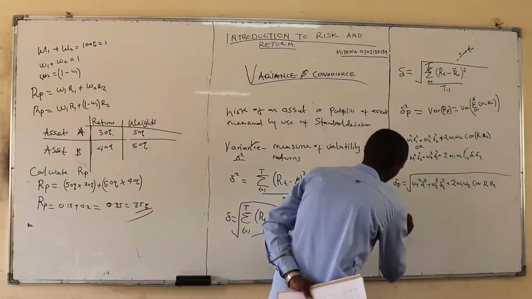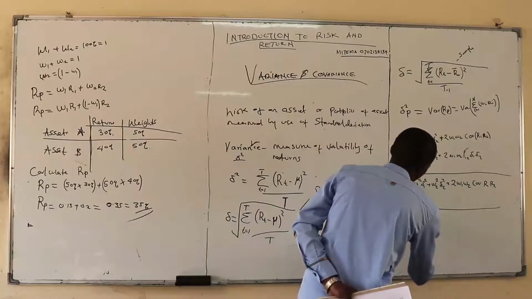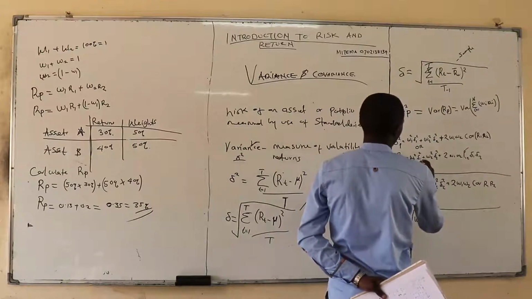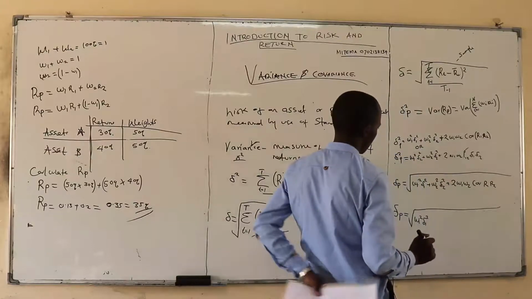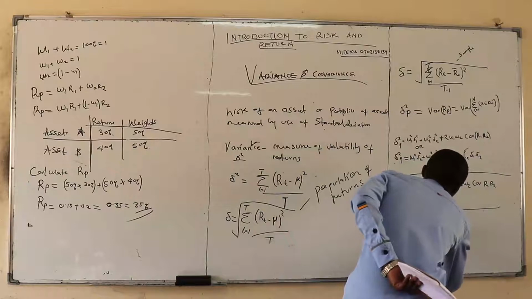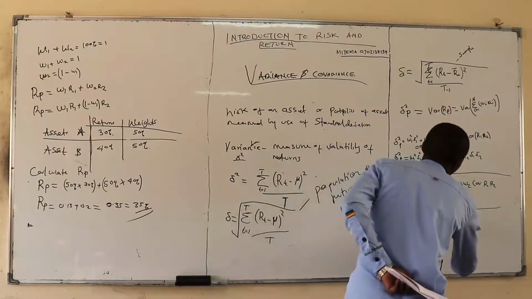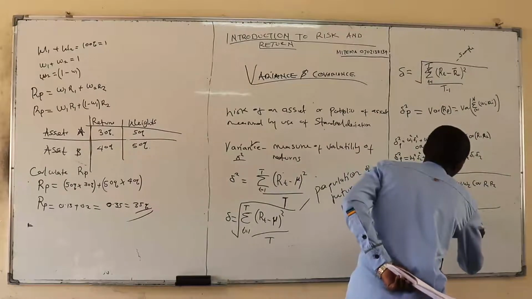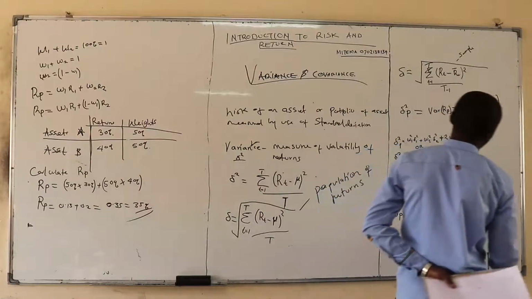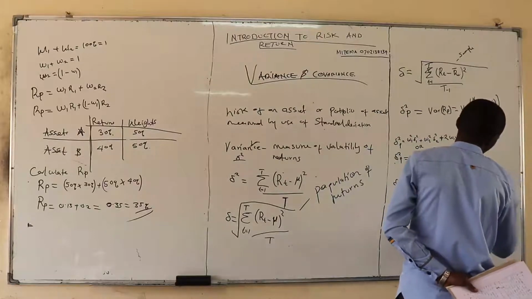That equals the square root of weight 1 squared times standard deviation 1 squared, then you add weight 2 squared times standard deviation 2 squared, then you add 2 times the first weight, the second weight, and the coefficient of correlation between the first and the second asset, times their risks.